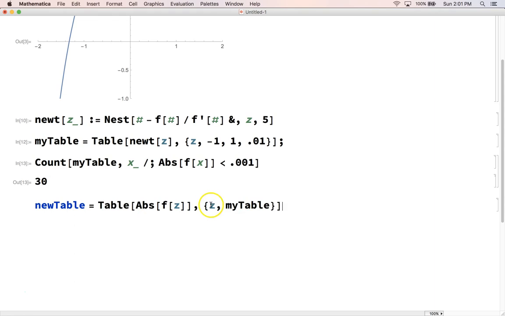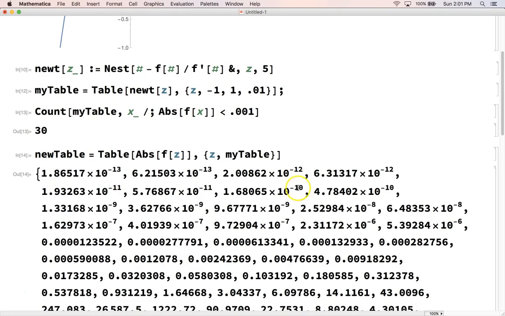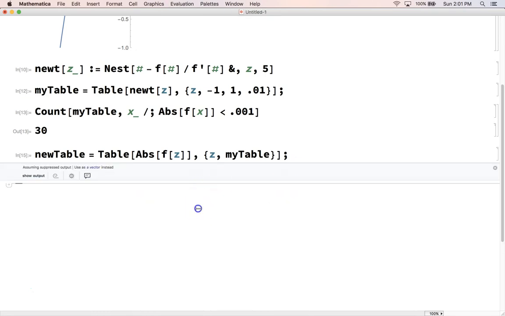So this goes through all those final values, plugs them into f, and takes the absolute value. So everything where I see times 10 to the negative 10th, something like that, those are all really small, so those are all good values. What's the maximum that I get?